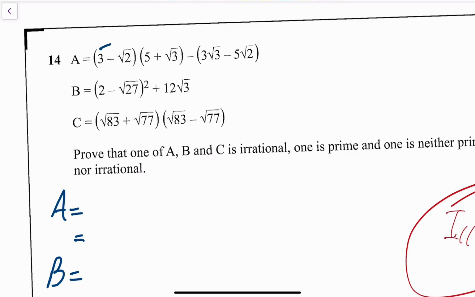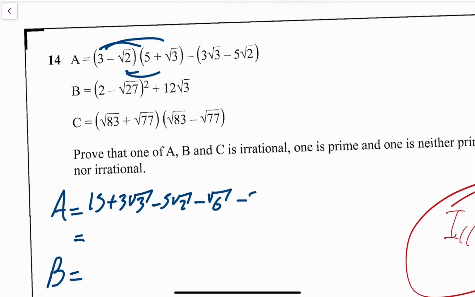So first of all, 3 times the 5, that's just going to give you 15. 3 times the root 3 is 3 root 3. Then minus root 2 times 5 is minus 5 root 2. And then minus root 2 times root 3 is minus root 6. And over here we had minus 3 root 3, and then minus is a plus 5 root 2.